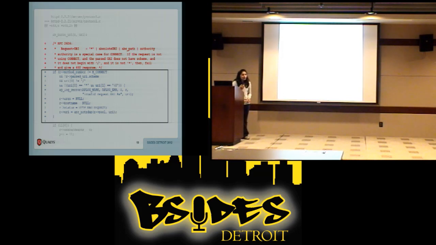So the first thing that came to my mind is that, okay, this seems correct, because what they're trying to do is that they're trying to see if your crafted URI is beginning with a forward slash or not, and if not, it was just bailing out.